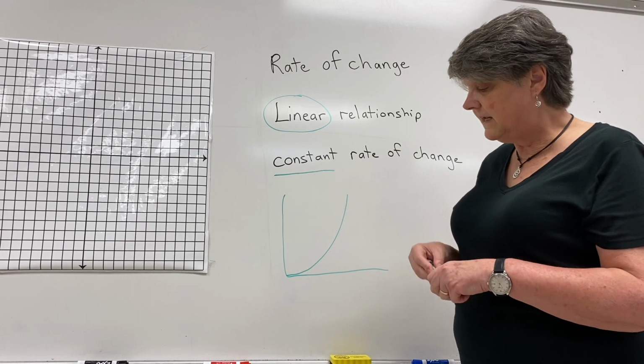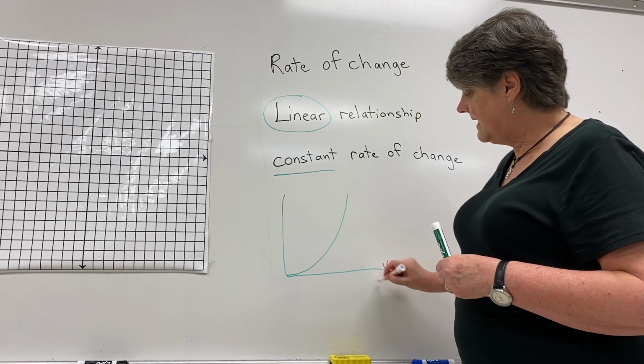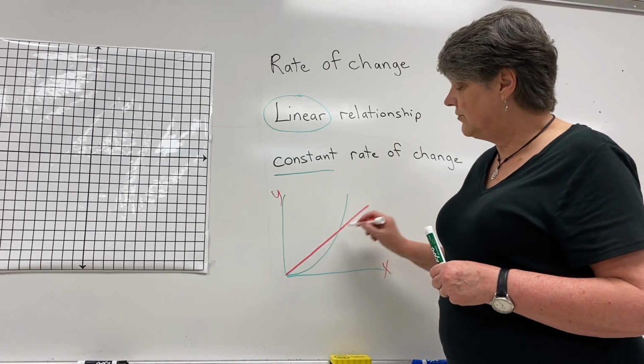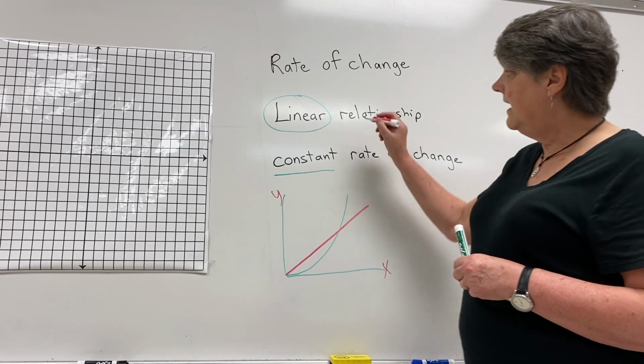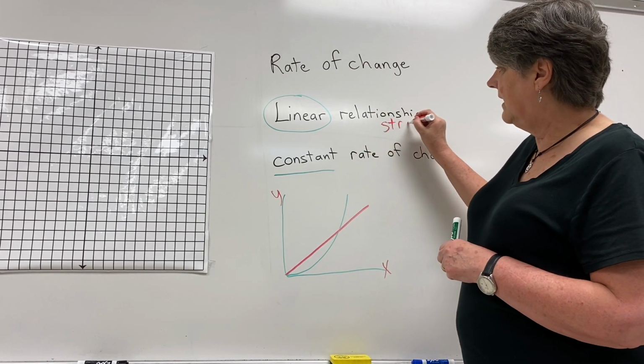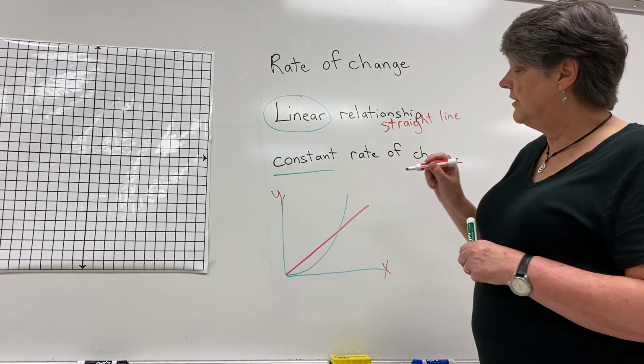What we're doing is more of a constant rate. As X changes one amount, Y will change a certain amount too. Linear relationships are known when you graph them, you have a straight line. So you know you have a linear relationship when you have a straight line.